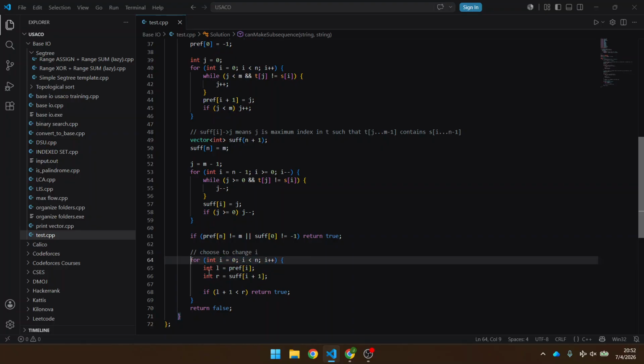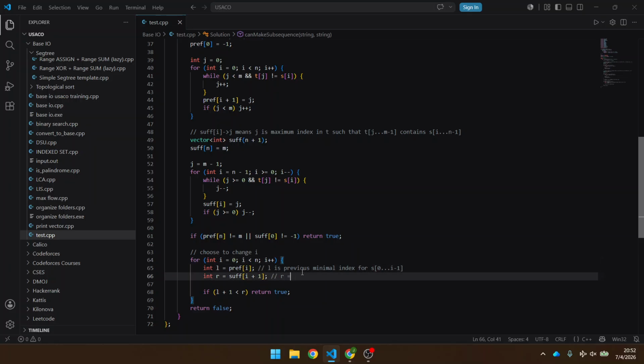So we make a loop over the possible index we choose. So currently, if we're at I, L is the previous minimal index for S 0 to I minus 1.